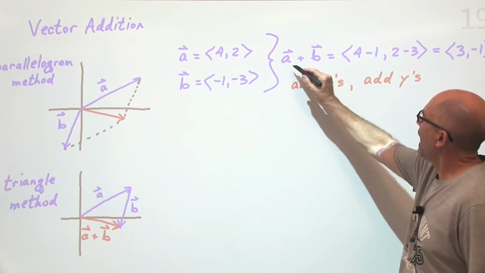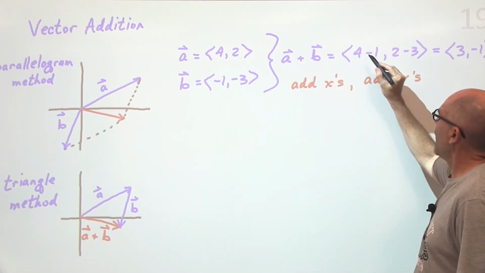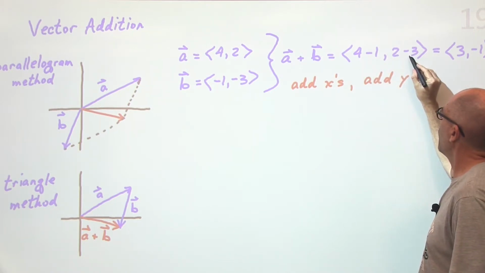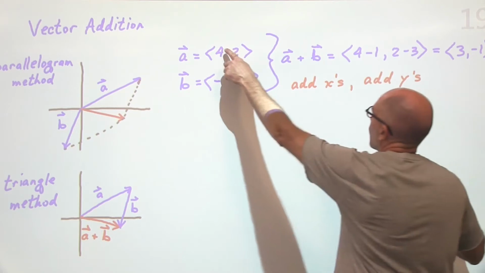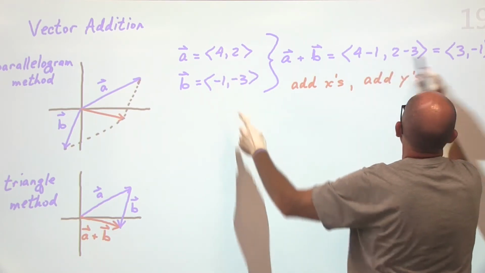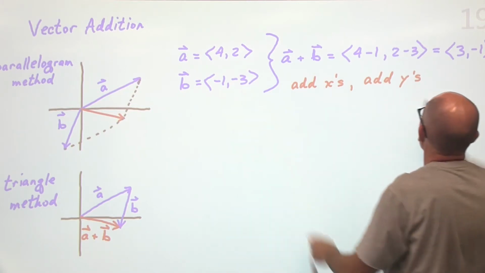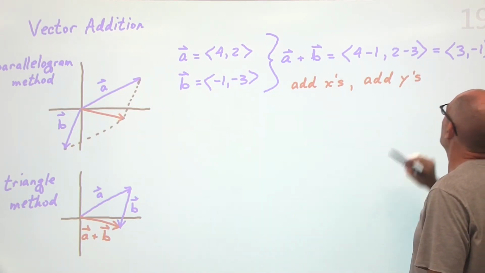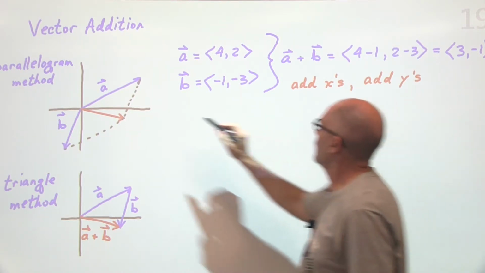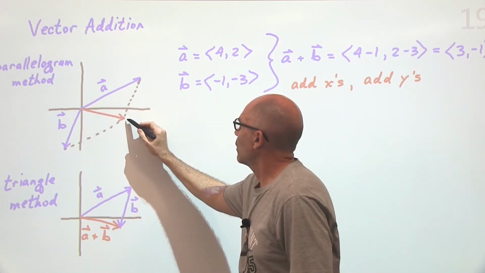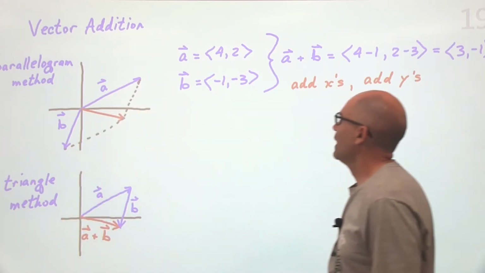Now, if I want to add vectors A and B, then all I do is add the two x's, add the two y's. So the x's are 4 plus -1 is 3. And the y's are 2 plus -3 is -1. So the resultant vector in red is right 3, down 1. That's where these two vectors would end up.